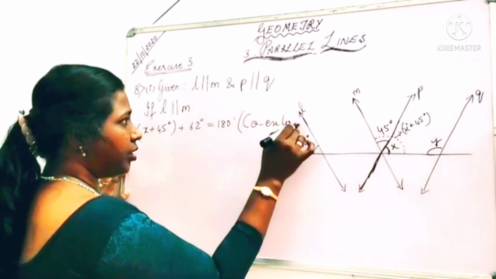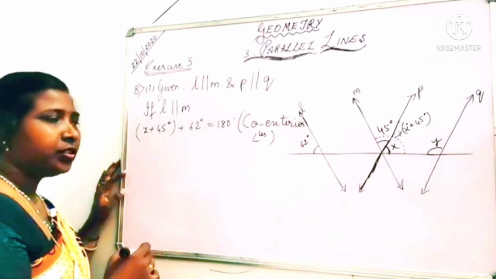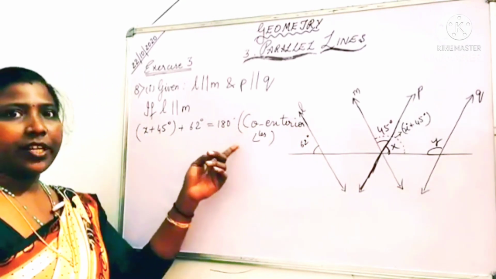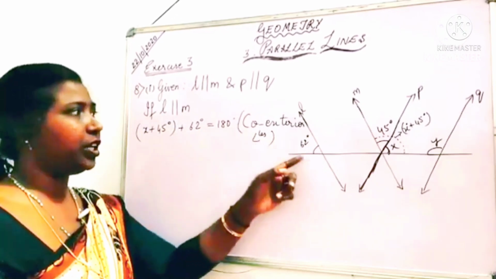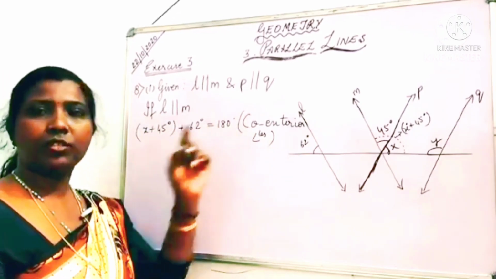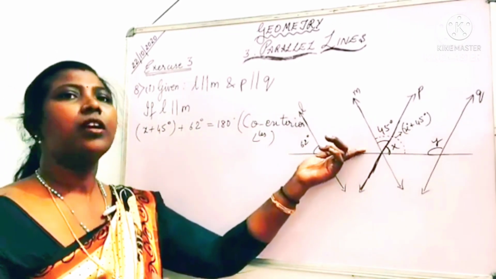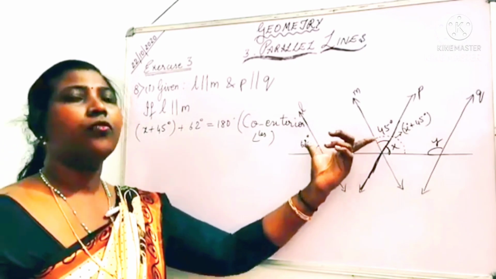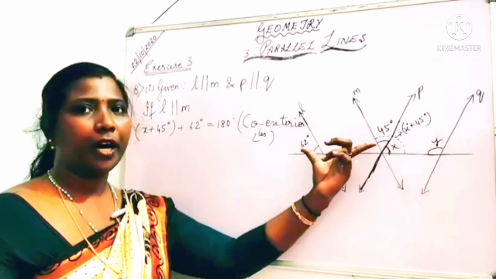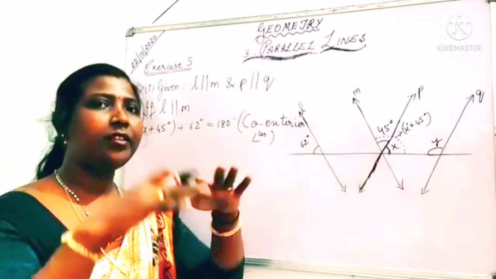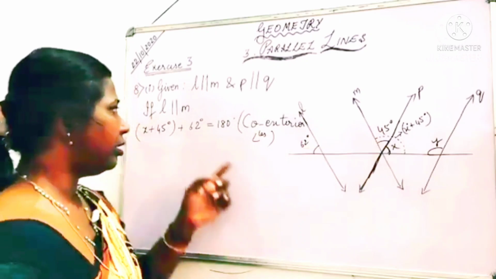Fine, students? Co-exterior angles. That means x plus 45 degree plus 62 degree is equal to 180 degree. If interior angles are on the same side, they will be 180 degree. The same thing for co-exterior angles. If we put the angles on the outer part of the parallel sides, then it will be co-exterior angles.